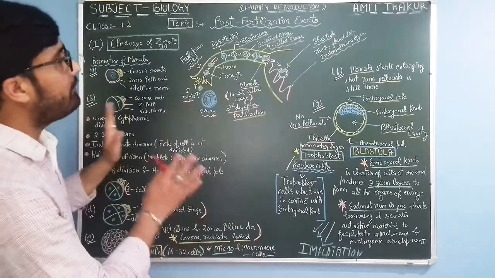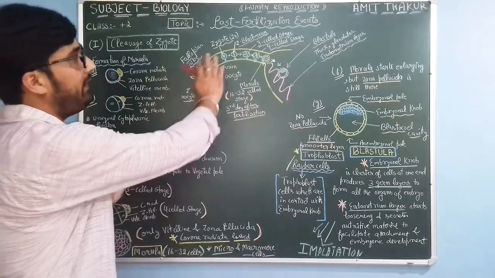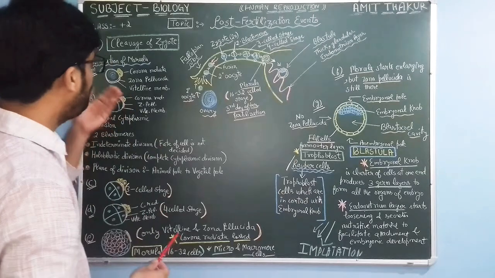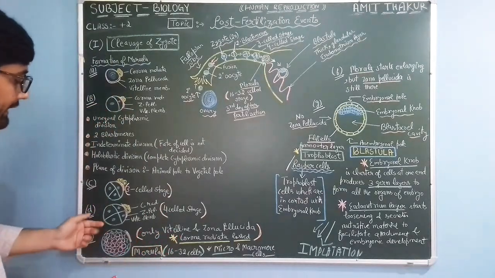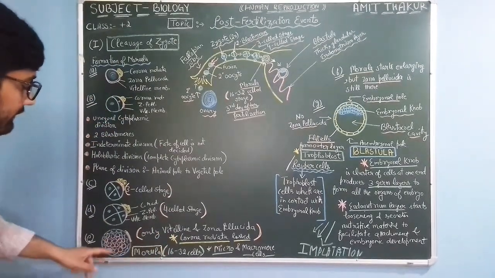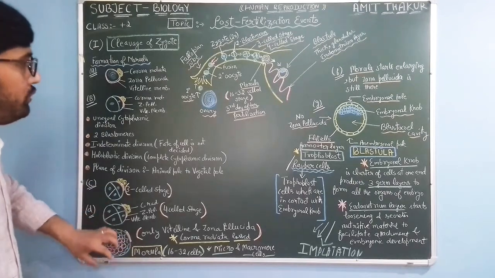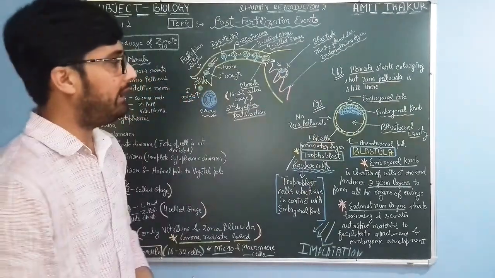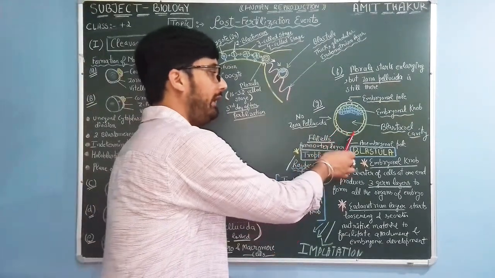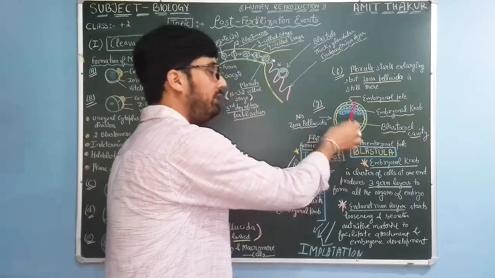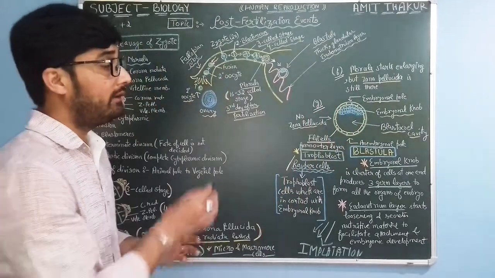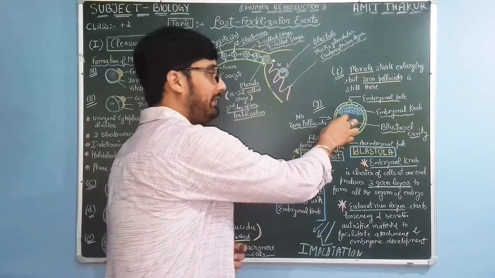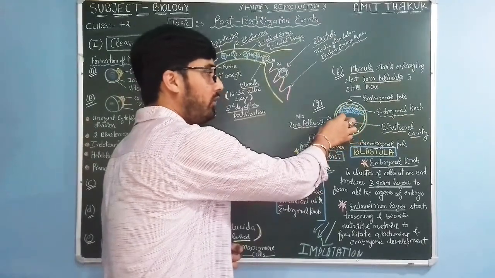Okay, so in this lecture we have just shown you the different stages after the formation of the zygote. The zygote becomes 2-celled, 3-celled, 4-celled and the 16 to 32 celled morula stage. This morula stage then changes into the blastula. This blastula has an outline of flat cells known as trophoblasts, and there are some trophoblast cells which are in contact with this cluster of cells known as the embryonal knob.